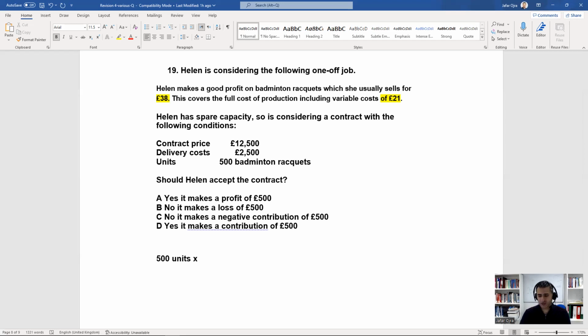You need to multiply by £21, the total variable cost. 500 times 21 equals £10,500. That is the total variable cost. You need to add the cost here, which is £2,500, the delivery cost. That must be added on top here.